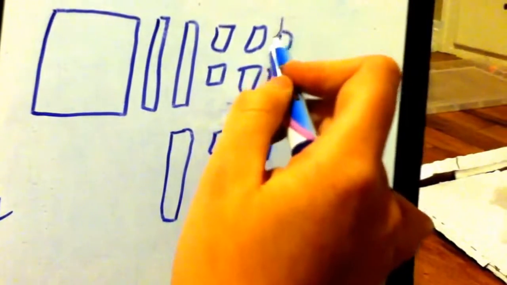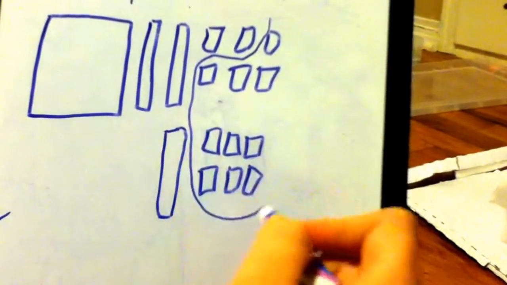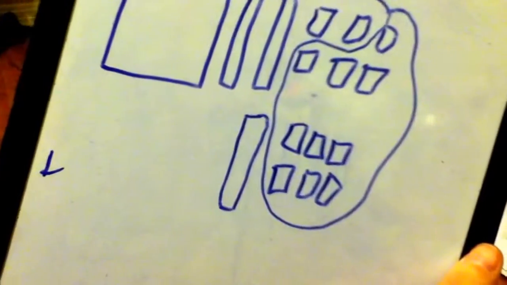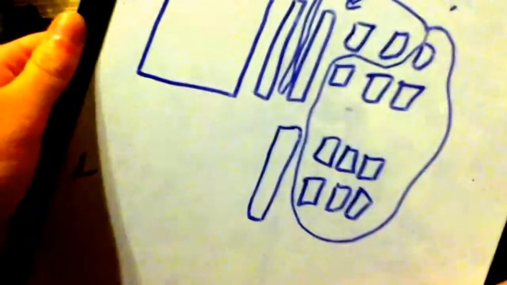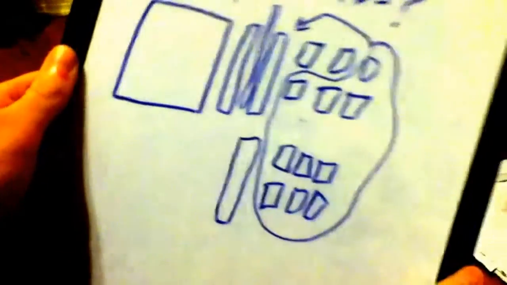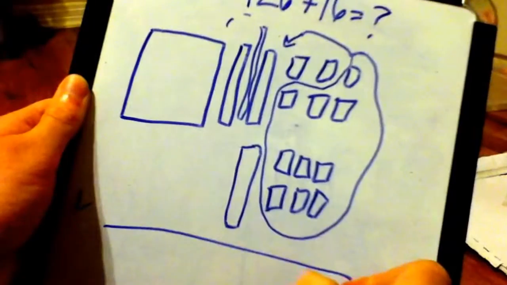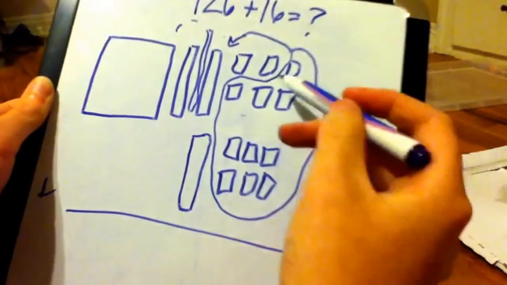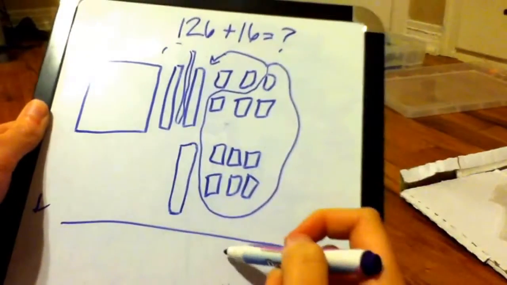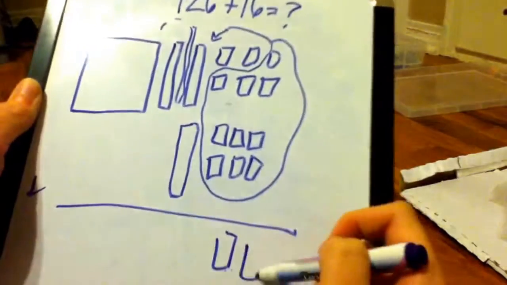So I can cut it off right here at 10 and add this over here and add a rod. And then we have this, and so we have 2 units down here, so we're going to add the 2 units.